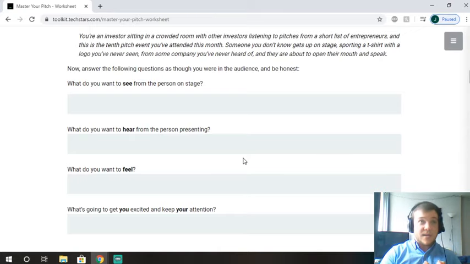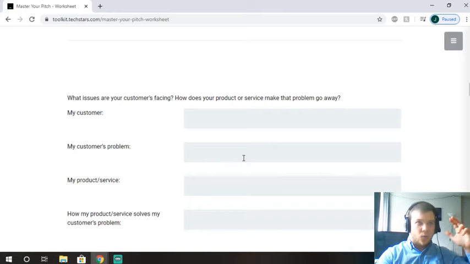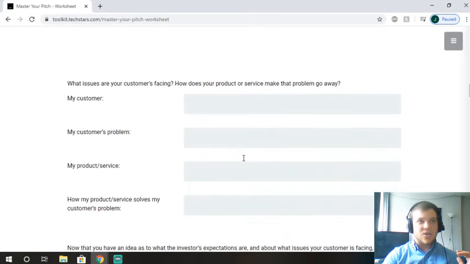What do you want to see from the person on stage? What do you want to hear from the person presenting? What do you want to feel? And what's going to get you excited and keep your attention? If you answer those questions for yourself, that's awesome. And then you can use that as a way of crafting your pitch to fit those feelings, what they're going to hear, what they're going to see, and keeping them excited. And there's some cool ways. I think it's the next section after this as to how to get started with it.